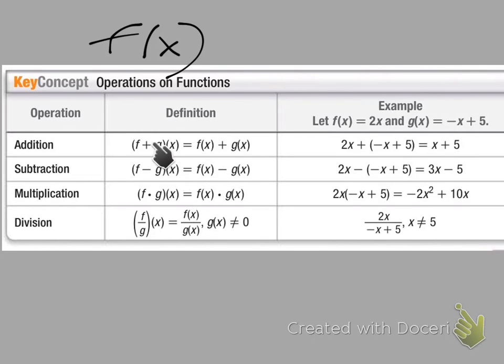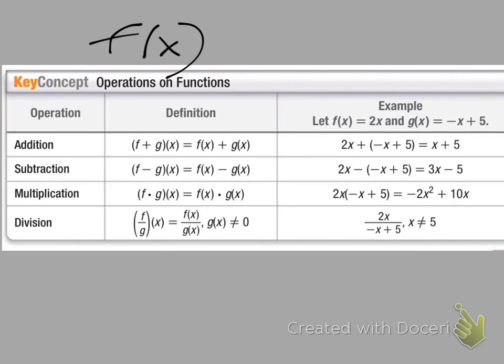Instead of doing an f plus g of x, make it f of x like we've always done, plus g of x like we've always done. Same for subtraction, same for multiplication, same for division. And you'll understand why the notation becomes super important here in a little bit. And I'll show you what the mistake is that happens every single year, every single time, every single class.